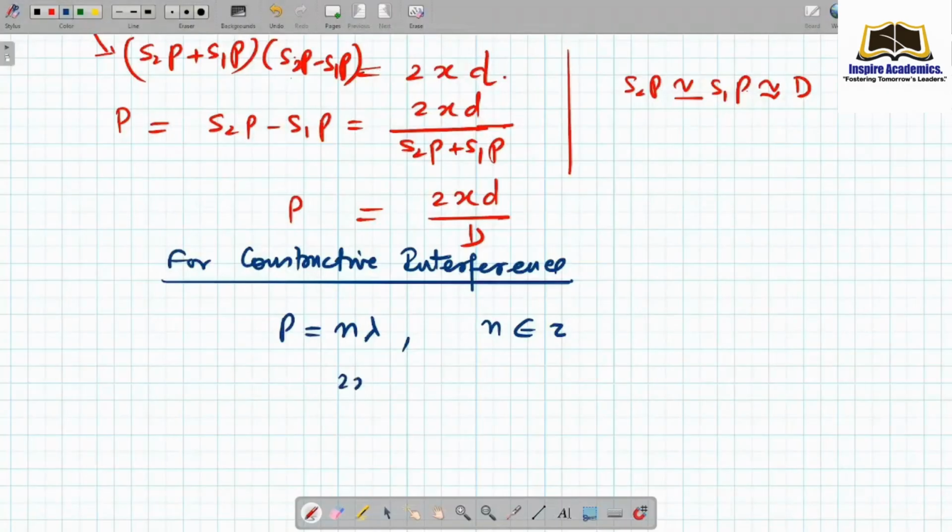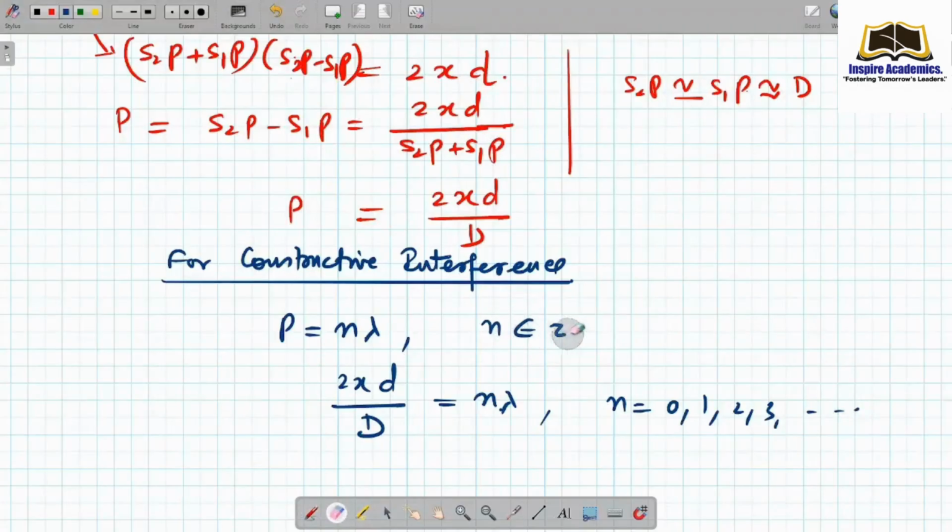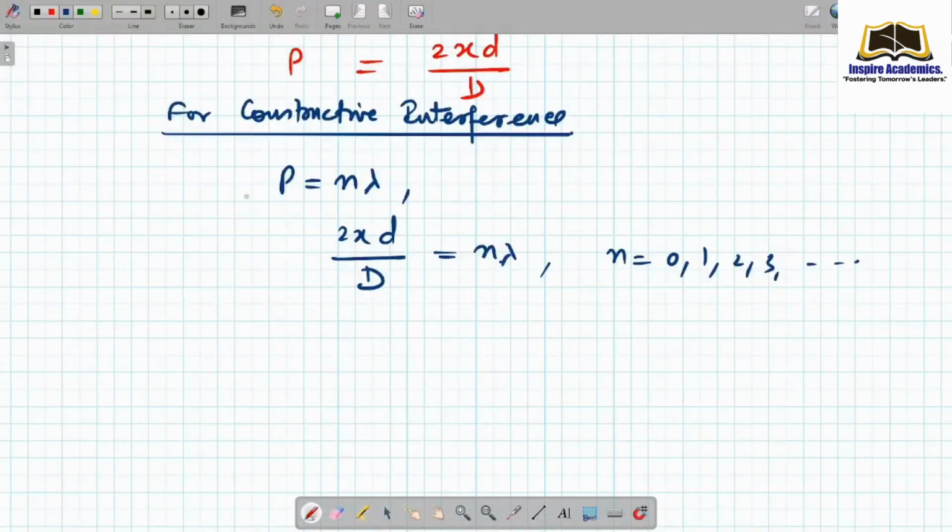So I can write 2xd upon capital D as n lambda, and n can be 0, 1, 2, 3 and so on. Okay.